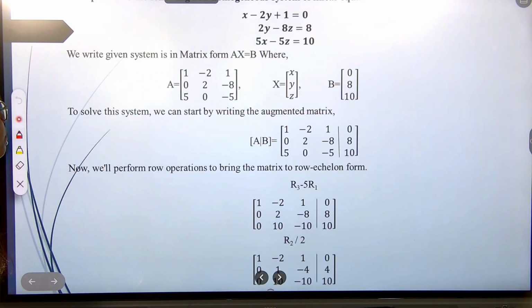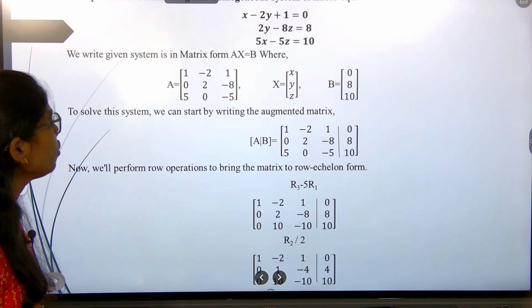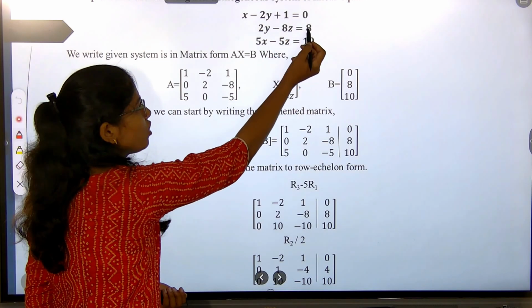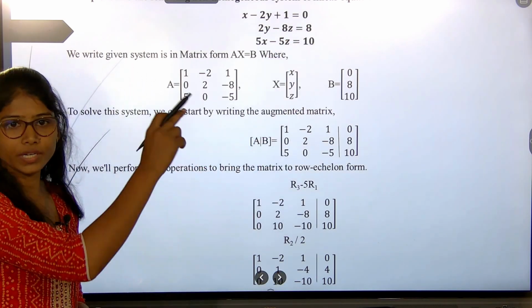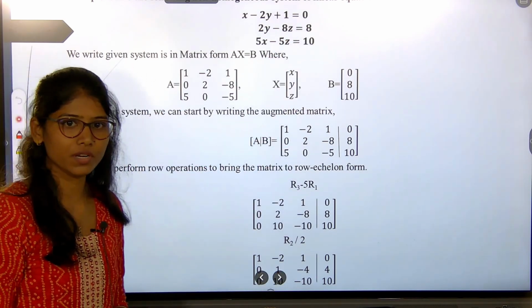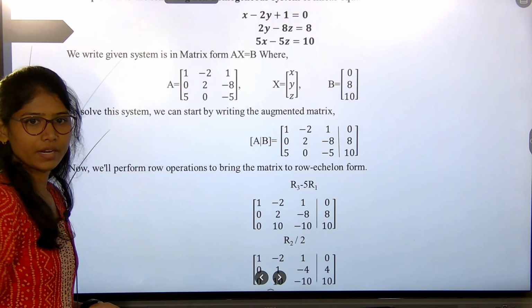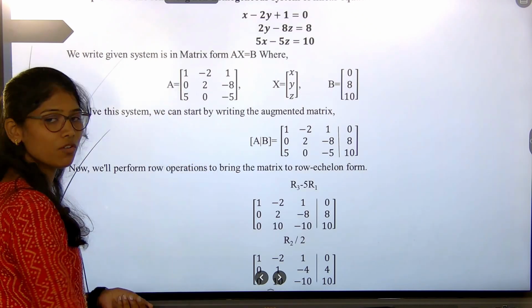Now second example, solve the following non-homogeneous system of linear equations. Look at here, all values of Bi are not all 0, so it is a non-homogeneous system of linear equations. First of all, we write this system in matrix form where A is the matrix of coefficients.